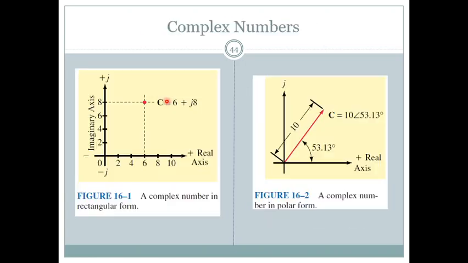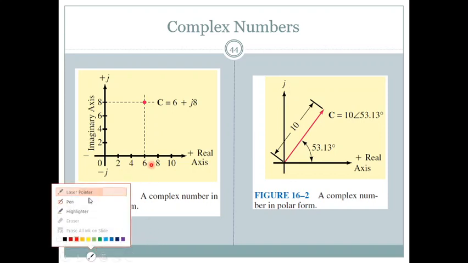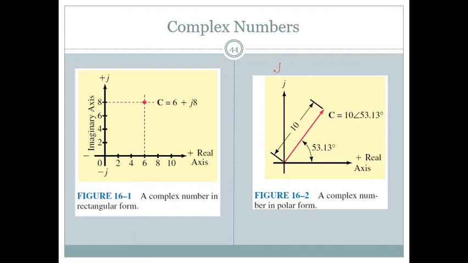Therefore we use simple j to represent the imaginary constant. It is nothing other than the square root of minus 1, right? So here j is the square root of minus 1, the imaginary constant.